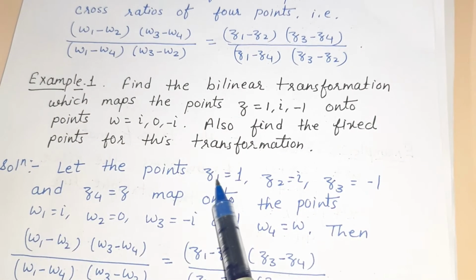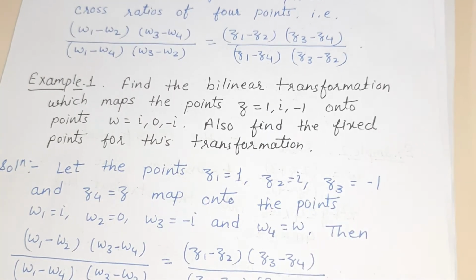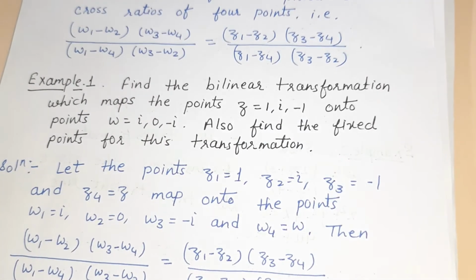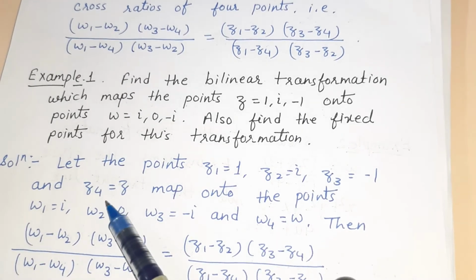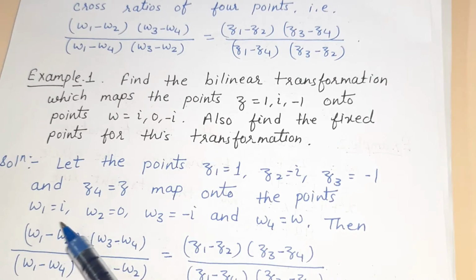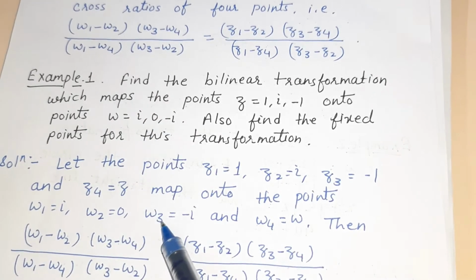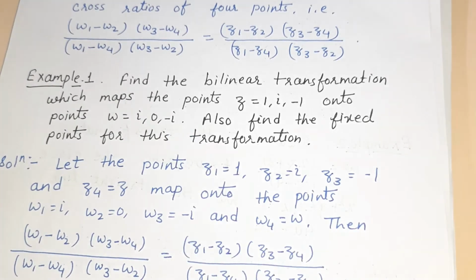Let the points z1 = 1, z2 = i, z3 = -1, and z4 = z map onto the points w1 = i, w2 = 0, w3 = -i, and w4 = w.